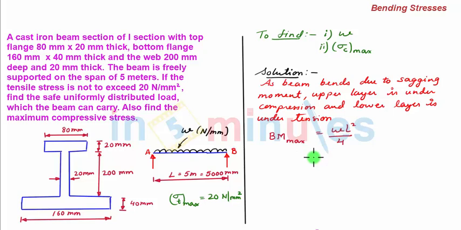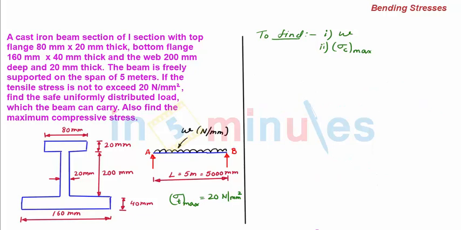So we have BM max is equal to W, which we have to find out, into L square, which is 5000 square, upon 4. On solving, we get 6.25 into 10 to the power 6 into W. The unit will be consistent, Newton mm.